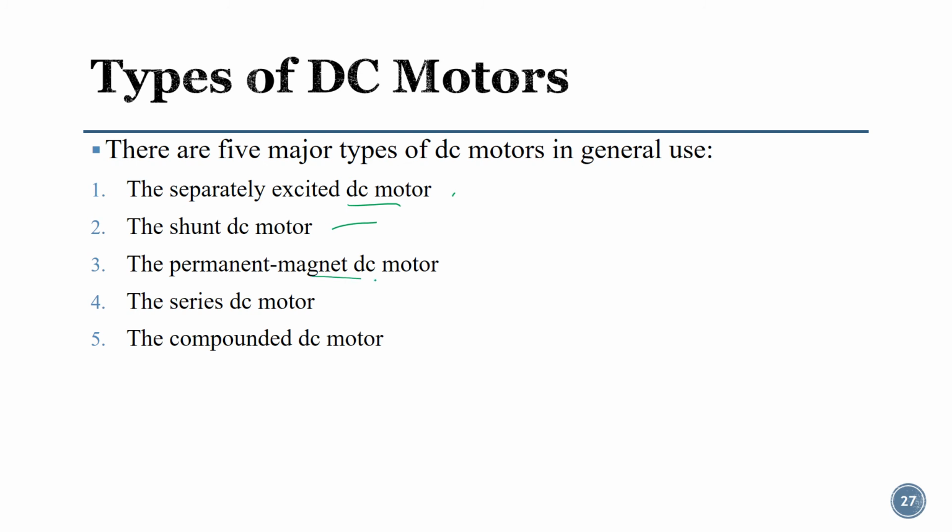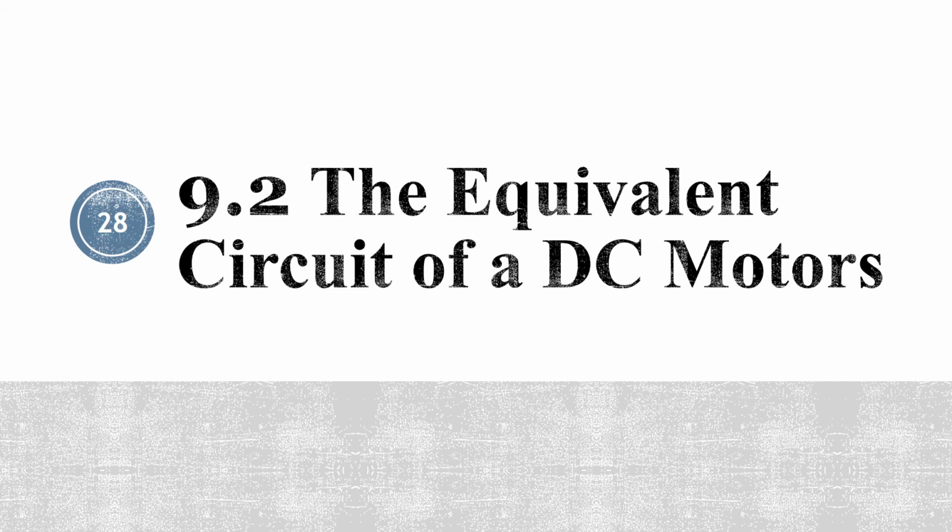The permanent magnet DC motor is the simplest form, in which you use just one permanent magnet. In the series DC motor, the field coil and armature coil are connected in series, and the compounded motor is a mixture of these. Now we will study a couple of them in more detail. We will make the equivalent circuit models and learn the differences of the different kinds of DC motors in terms of speeds, induced torque, and equivalent circuits.